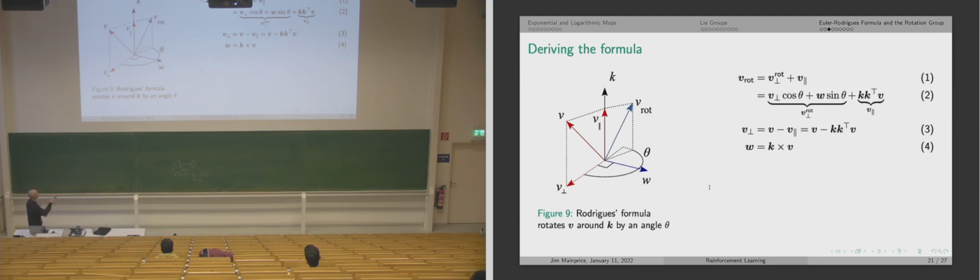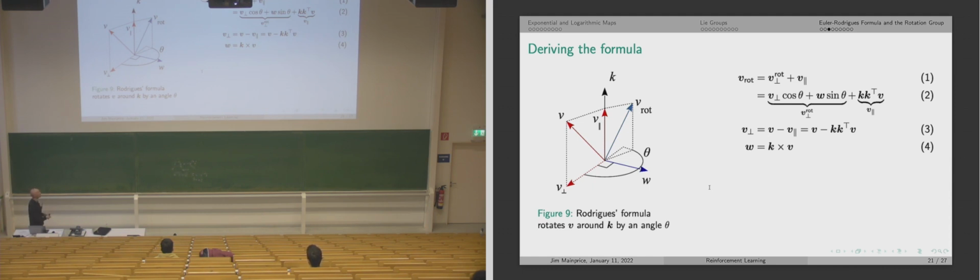Then V orthogonal here is equal to V minus V parallel, of course. So that's just saying V is equal to V orthogonal plus V parallel.